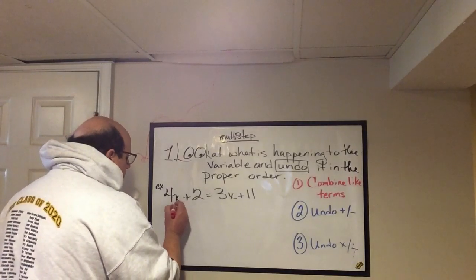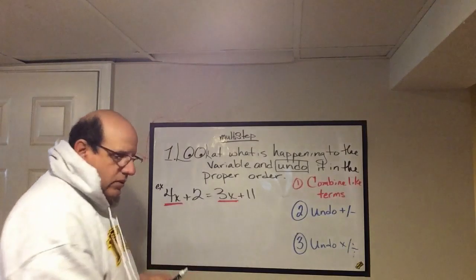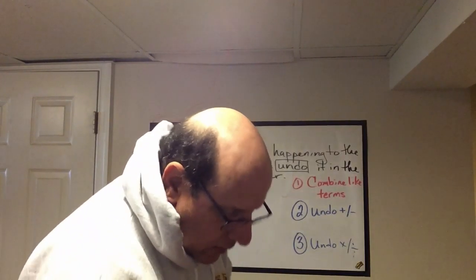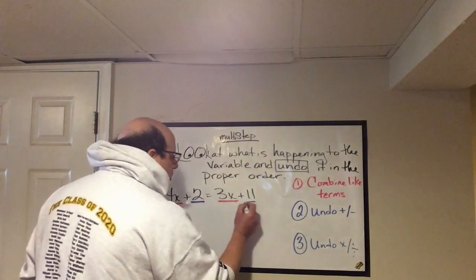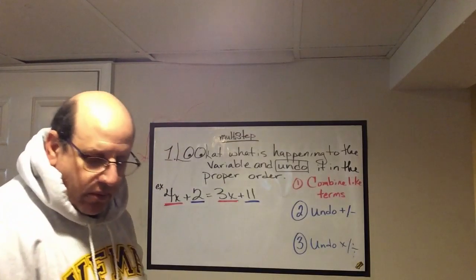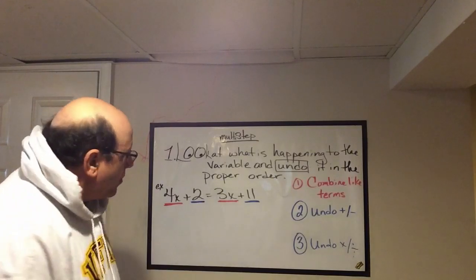So I'm going to underline my variable values, and then I'm going to underline those other things. And if we wanted to just combine like terms, we would end up just solving a two or three-step equation.